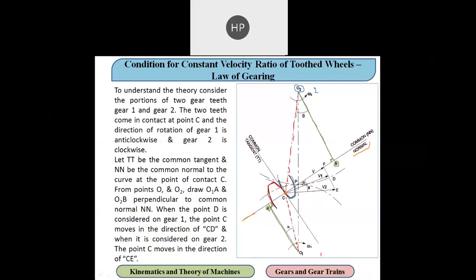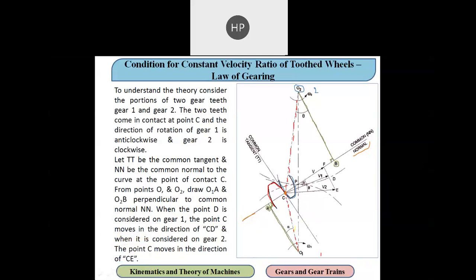This is how first of all we have to draw the diagram. How this diagram is drawn is important to understand. First, we have taken gear number 1 and its center is O1. Then we have taken gear 2, its center is O2. Now on that we have taken one tooth for gear number 1, and one tooth of gear number 2.